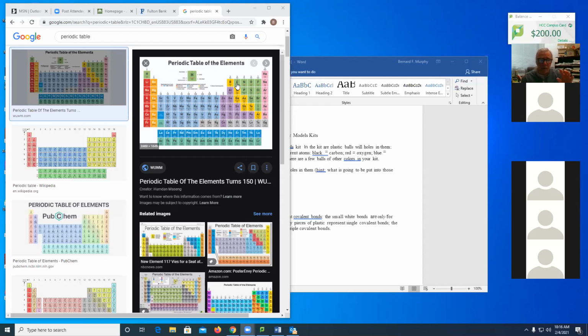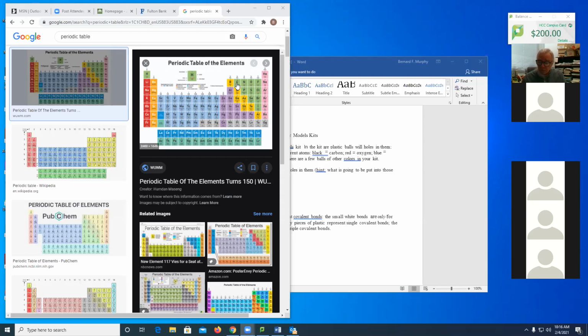And here's the thing: the electrons in the outermost shell. Well, the outermost shell is called the valence shell, and those are the electrons that participate in chemical bonding. Those are the ones that are given away or taken up or shared, the valence electrons. Okay.